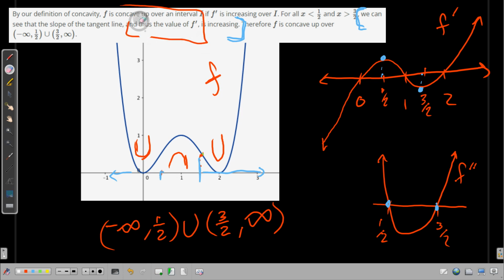I guess the value of f prime is increasing. If the slope is increasing and the value of f prime is increasing, that means the same thing. And the value of f prime increased to a maximum here.